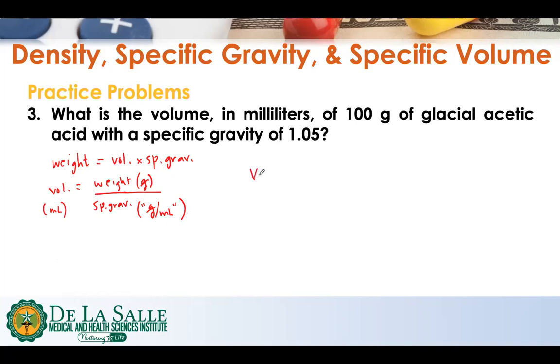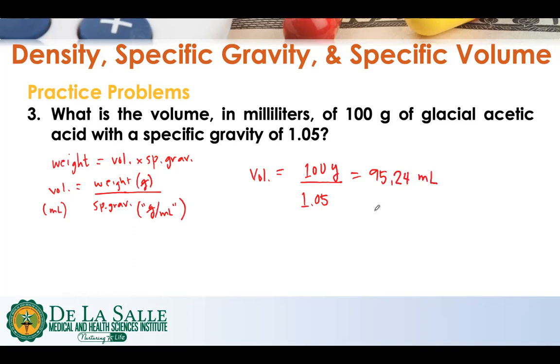So the volume in milliliters of 100 grams of glacial acetic acid will be equal to this expression, 100 grams divided by 1.05, and that will be equal to 95.24 milliliters.